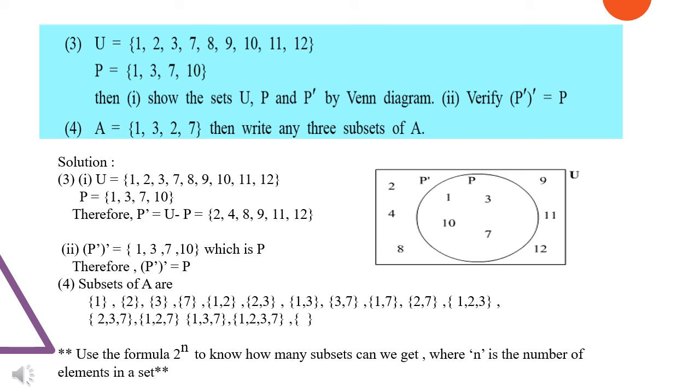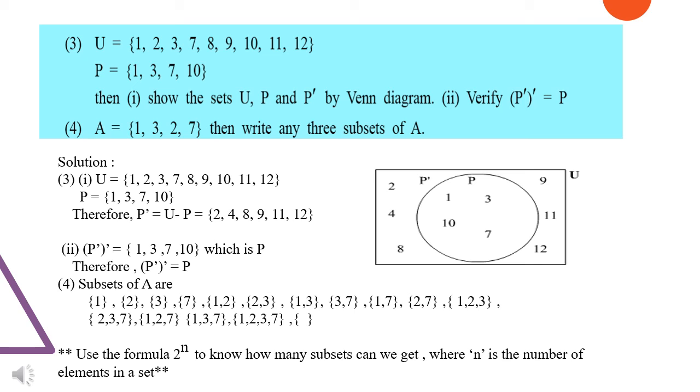So what is my answer? 16. 2 2s are 4, 4 2s are 8, 8 2s are 16. Means I will get a total of 16 subsets of the given question. Just count how many I have got. Yes, so I have got 16.